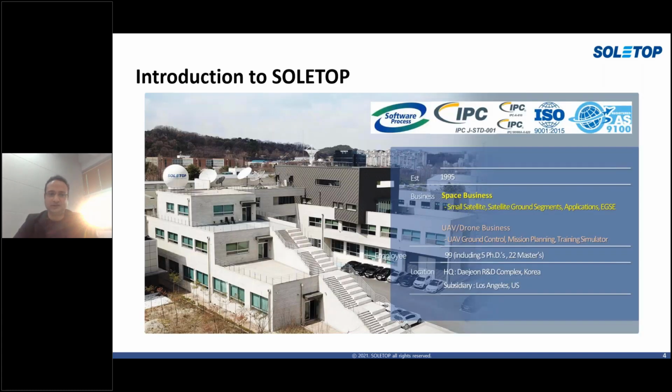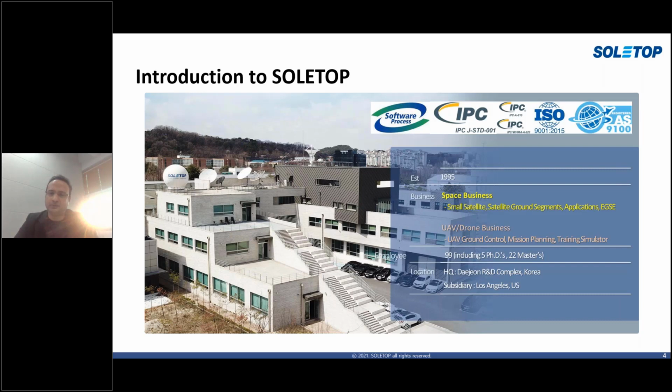This is our office, located in Daejeon City, established in 1995, mainly focusing on the space business of small satellites and then ground segments, and along with that, various different drone businesses, which is another confidential government-related entity we work with.